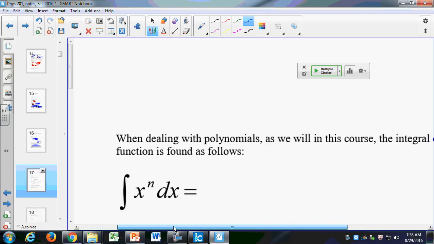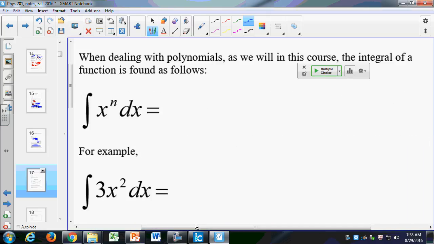Mainly what we'll be doing in here are integrals of polynomials. And just like we had a formula, if you will, for finding the derivative of a polynomial, we'll have a similar thing for finding the integral. It's 1 over n plus 1 times x to the n plus 1.